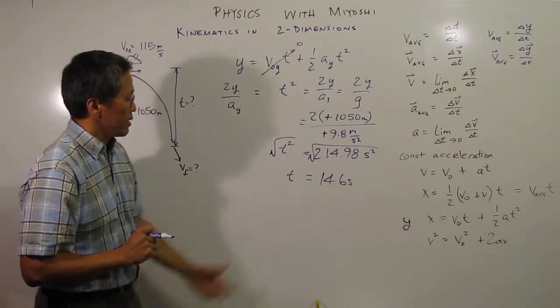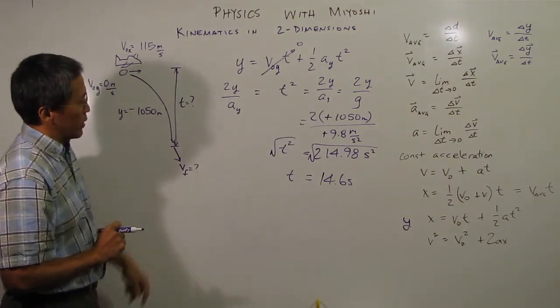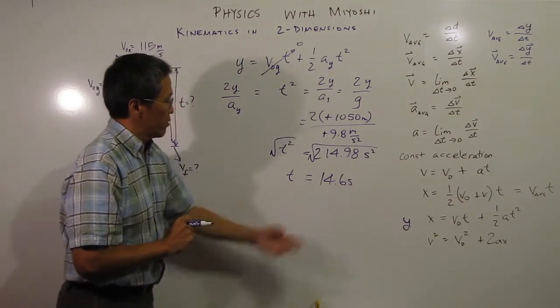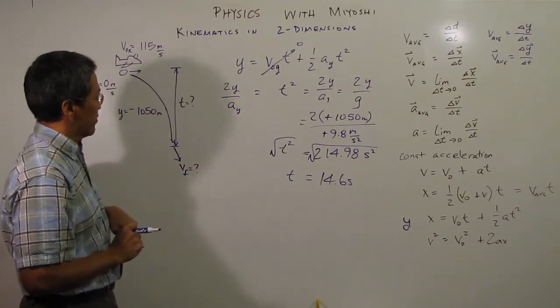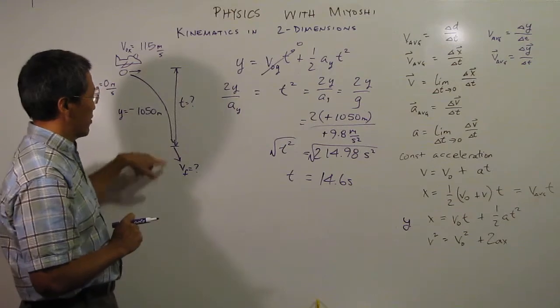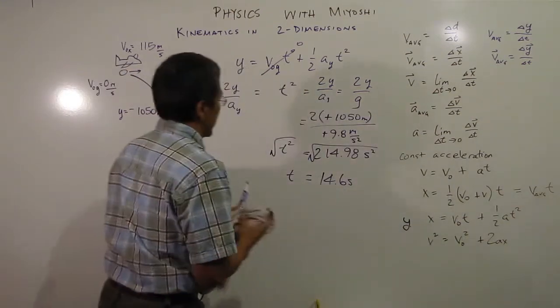That's a wonderful thing to know. Now all I have to do is a couple of equations. If I remember t is 14.6 seconds, I can use that to find my final velocity in both the x and the y direction.